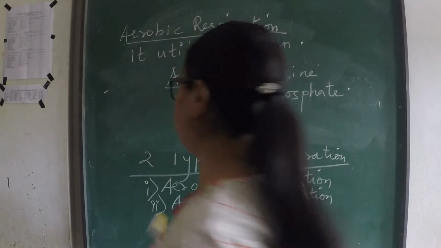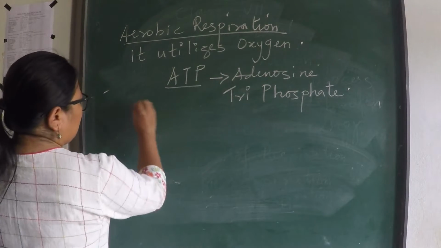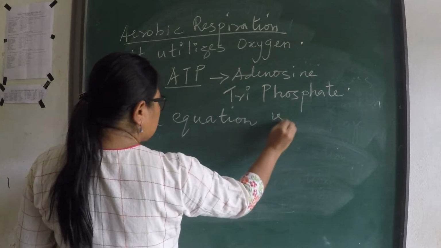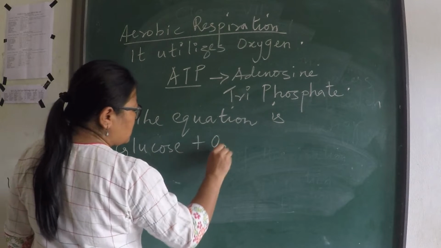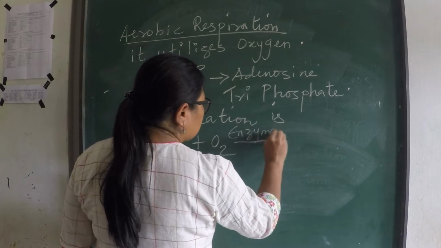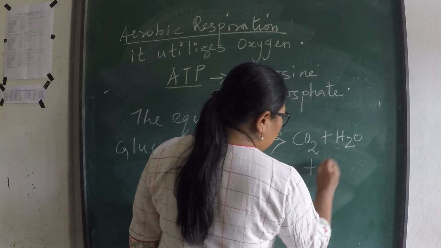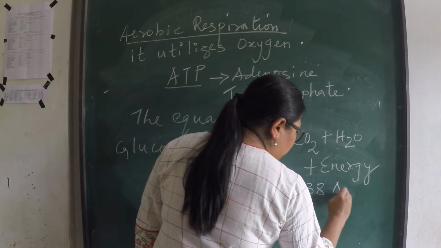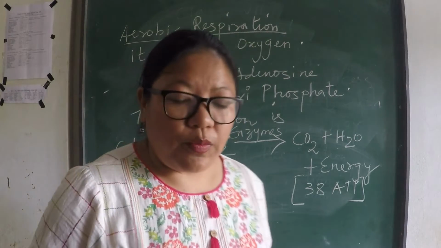Okay? Alright, and there is an equation involved in aerobic respiration. Let's see what the reaction is. The equation is glucose plus oxygen, in the presence of enzymes, gives out carbon dioxide plus water plus energy, and the energy produced here is in the form of ATP.